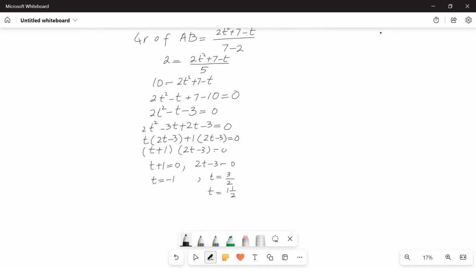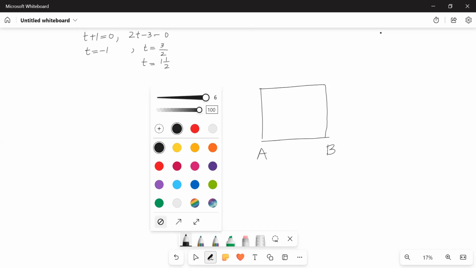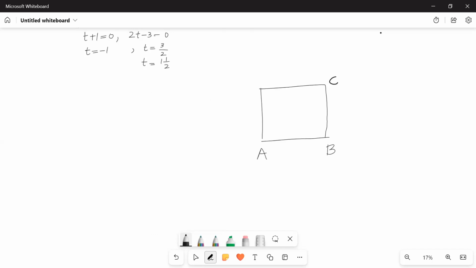Now last question is left. The coordinates of vertices of a square are given. So the square is ABCD.